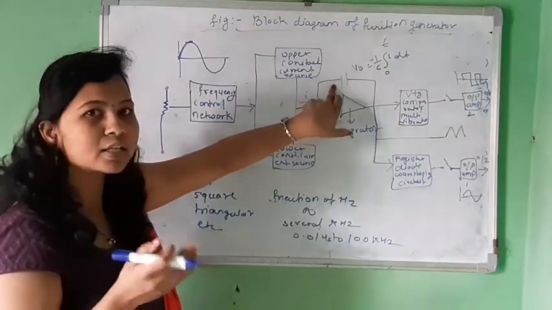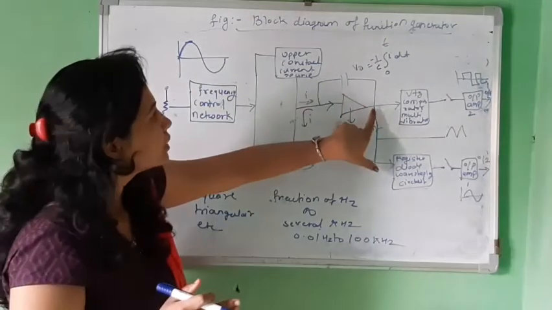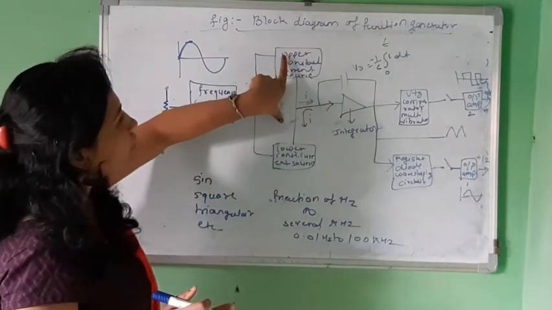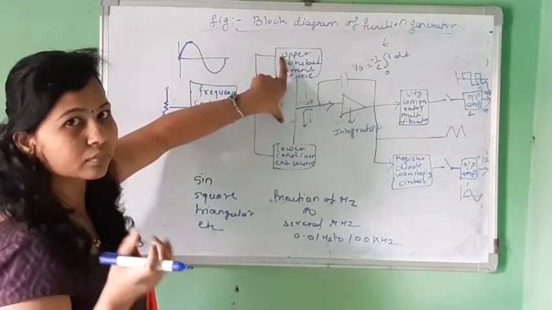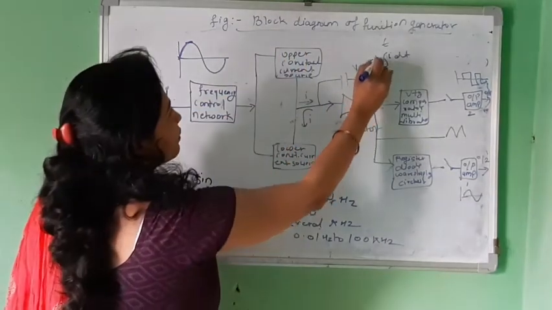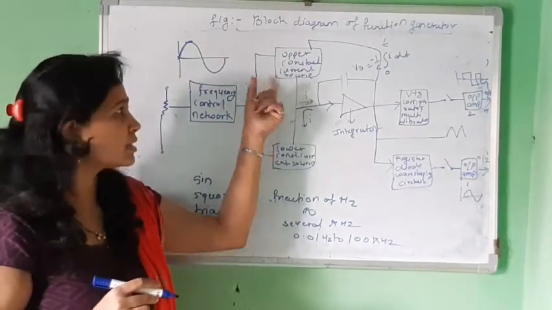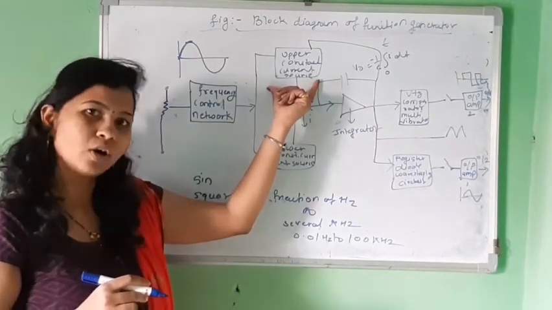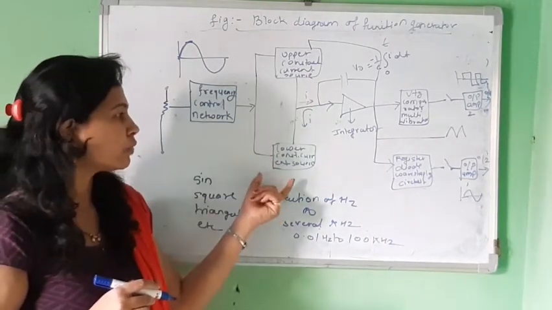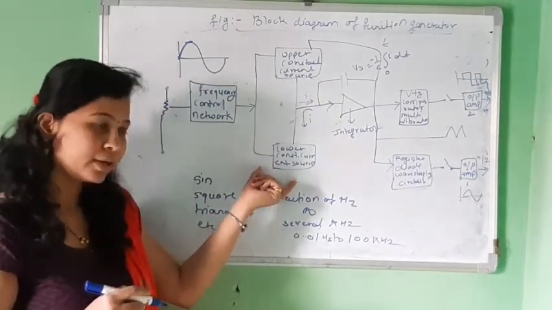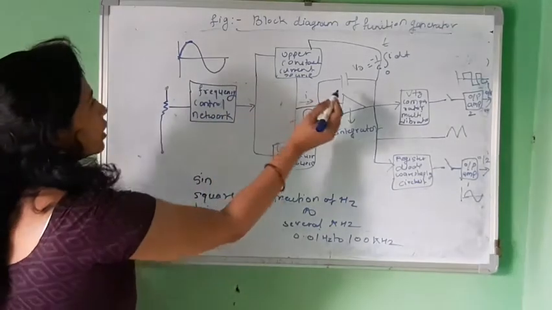When the capacitor is fully charged, this network provides some signal to the upper constant current source block, and this block gets off. When this is off, the lower constant current source will get on.